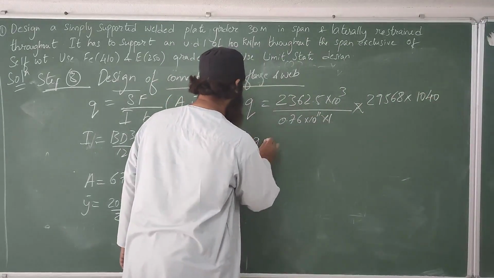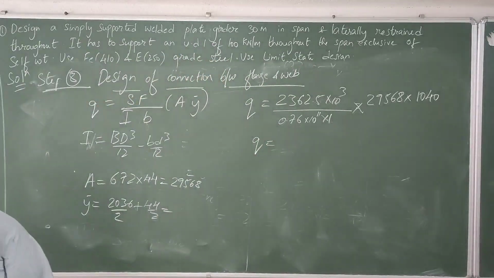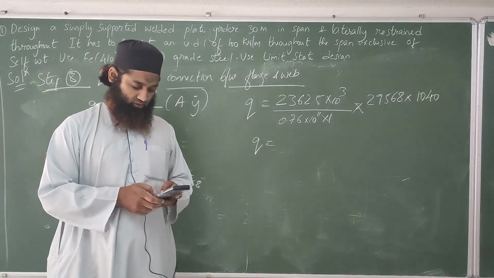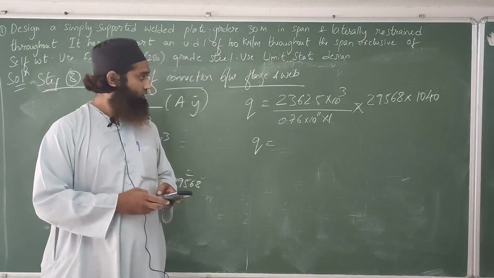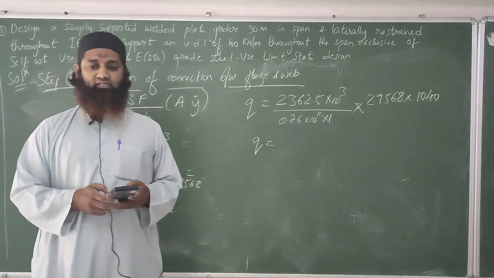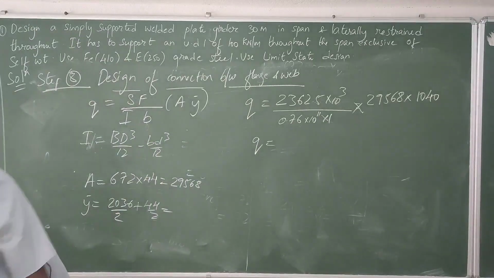After calculating this, you will get the value. 2362.5 into 10 cube into 29568, I am getting this value as 955.9 Newton per mm square.